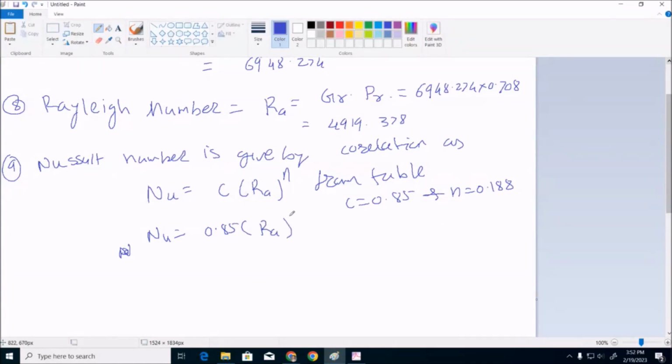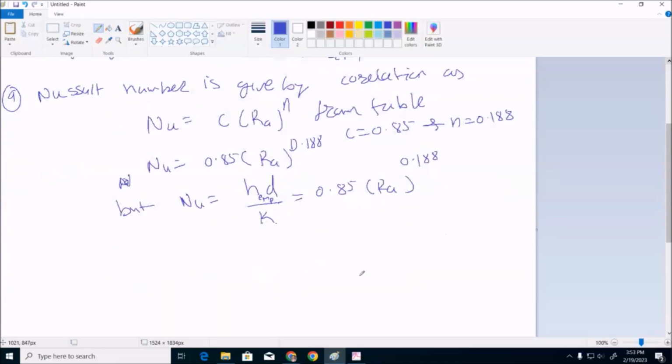So Nusselt number is equal to 0.85 Rayleigh number raised to 0.188. But Nusselt number is equal to hD by k. This h is empirical because we are using formulas. That's why empirical. And this Nusselt number I will equate to the above equation, 0.85 Rayleigh number raised to 0.188. Now I have everything. I will put in the values.